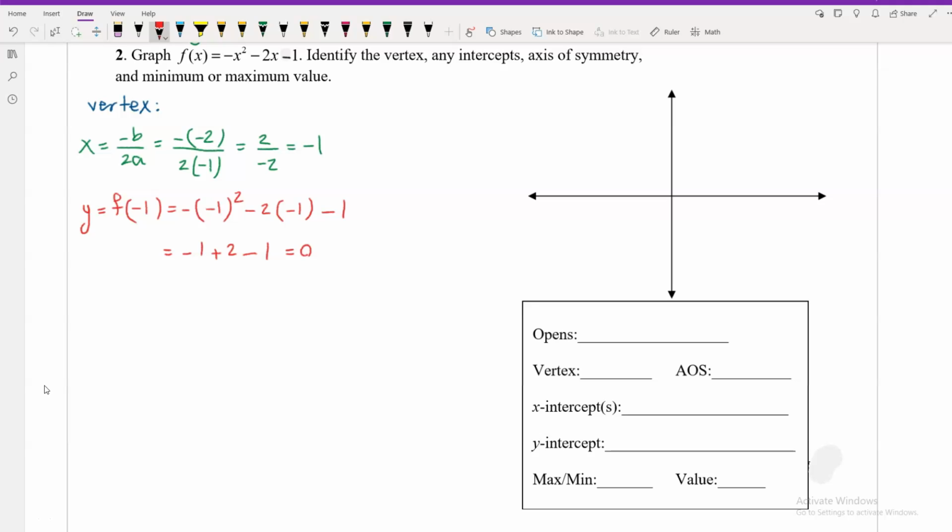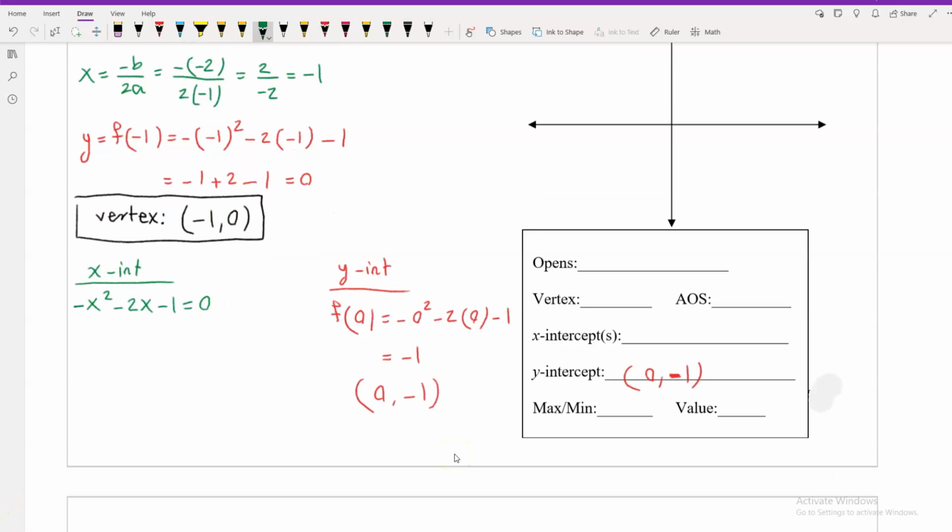And then finding y, we have to find f of negative b over 2a. So find f of negative 1. So we have negative times negative 1 squared minus 2 times negative 1 minus 1. So what we have for y is 0. So this means the vertex is negative 1, 0.